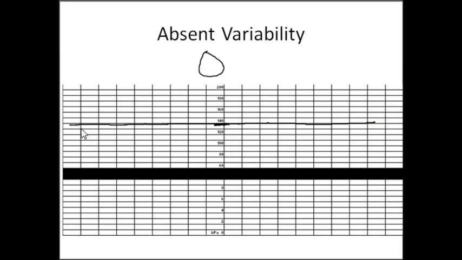But if I saw this tracing right here, and you may see tiny little waveform changes from second to second, but over the long run, so each of these are a minute, so we're looking at a period of 18, 19 minutes. If I saw this tracing, I would express real concern because it's absent variability. Variability is a good thing. So if I saw absent variability, meaning there's 0 beats per minute change in that baseline over the long run, then that's not the best.